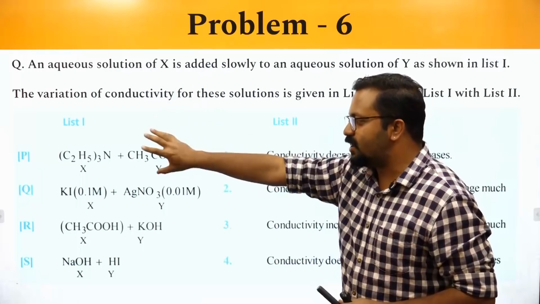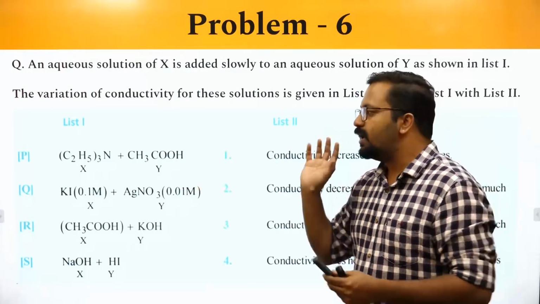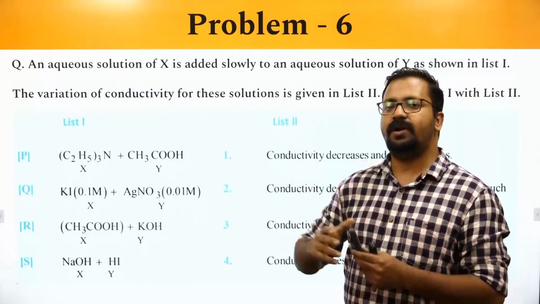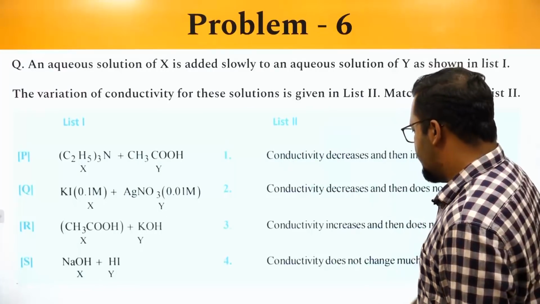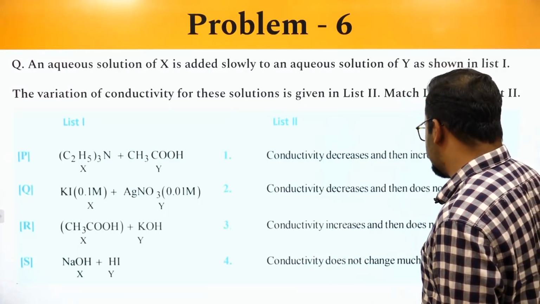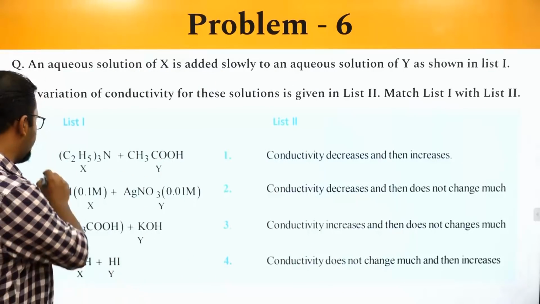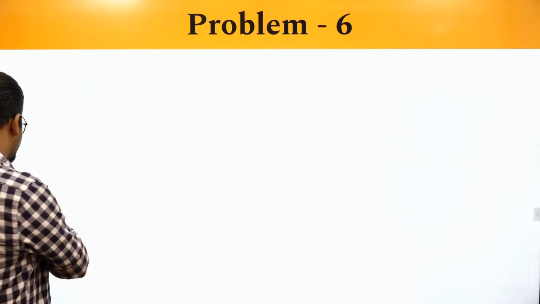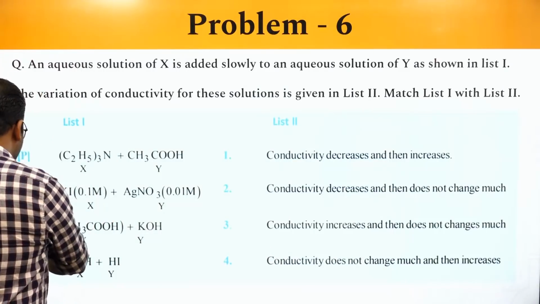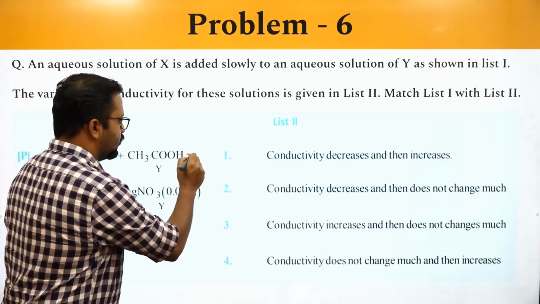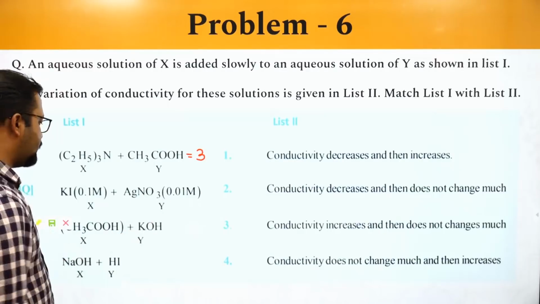This base is that kind of a base which will take up a proton. But if proton is not available in the medium, if you add an extra of it, it is not going to change the pH of the solution. So the answer to this would be conductivity increases and then does not change. So P's answer should be 3.